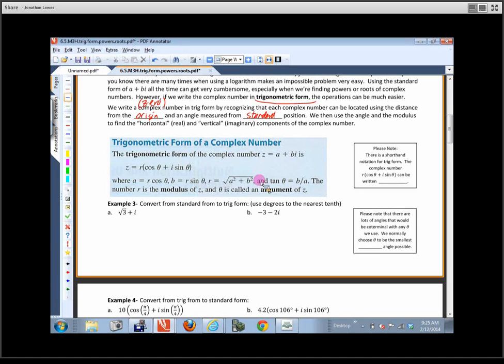And tangent of theta is equal to b over a. Now, the tangent of theta is equal to b over a, but if we were to go backwards, if we wanted to say theta equals tangent inverse of b over a, would that tell you exactly what the original direction angle was?